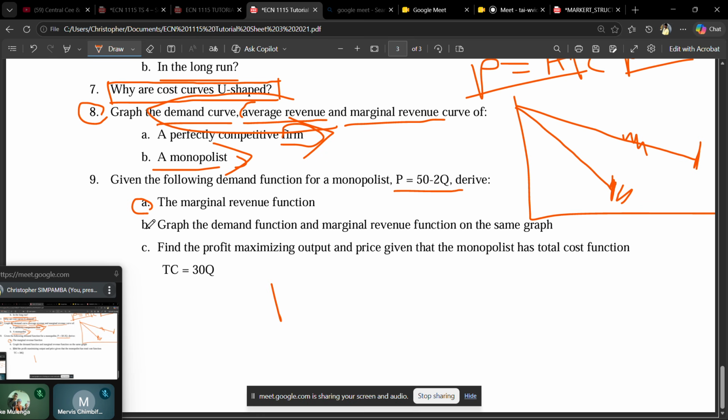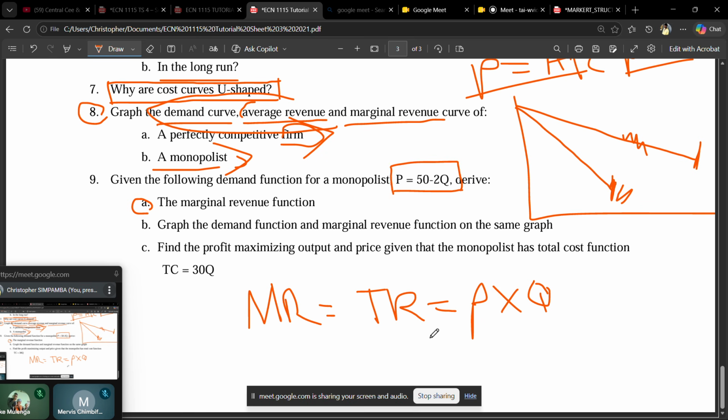So we know that to come up with marginal revenue, we first have to come up with total revenue, which is price times quantity, right? We get the price from the price function, which is 50 minus 2Q, times quantity, of course.